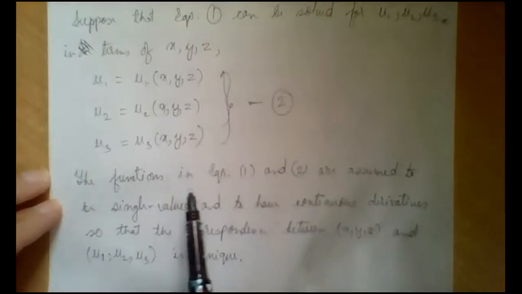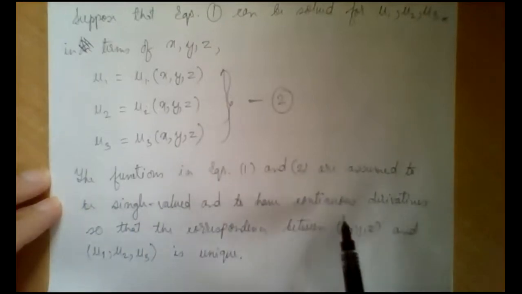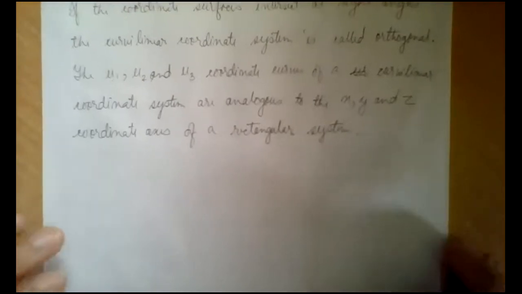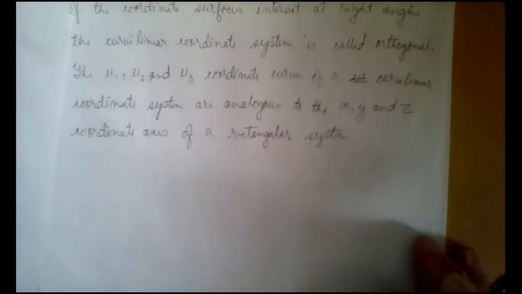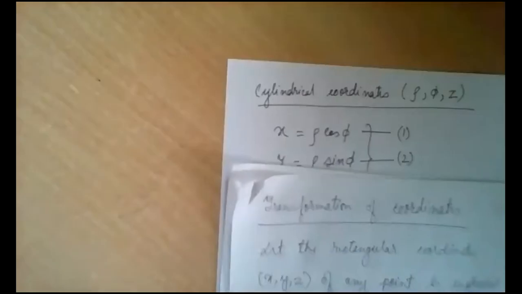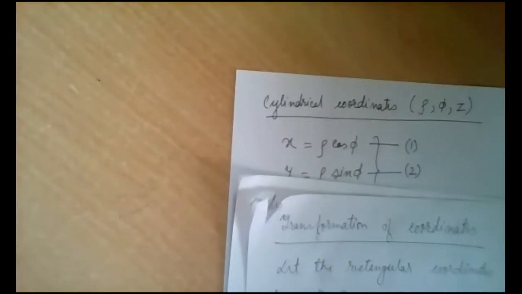The functions in equations 1 and 2 are assumed to be single valued and to have continuous derivatives, so that the correspondence between x, y, z and u1, u2, u3 is unique.